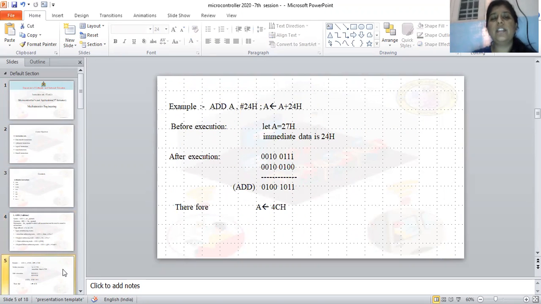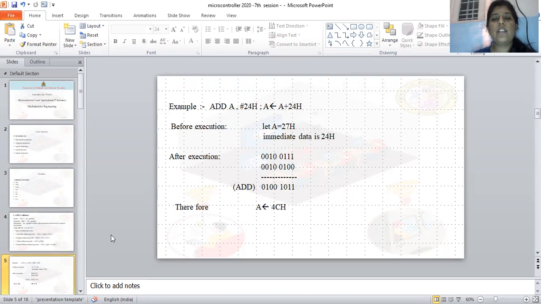Consider an example for the given instruction, that is ADD A, #24h. Here #24h means it is the immediate data. So let us consider A is equal to 27h. Then the immediate data is 24h. The binary form of 27 is 0010 0111, and 24 is 0010 0100.